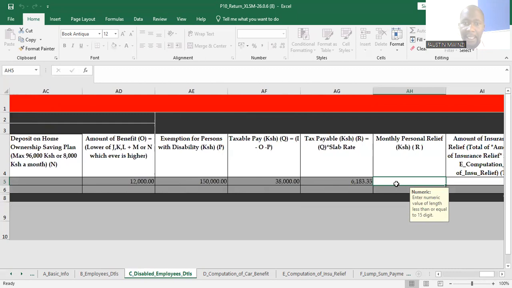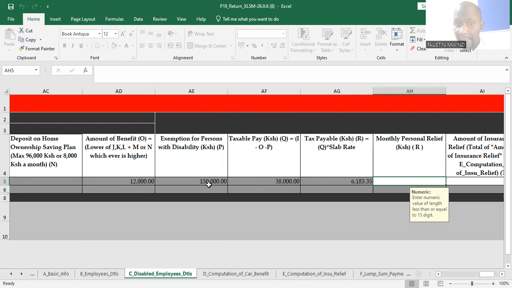sake. Now, exemption for persons with disability. It is 150,000. If you're a person with disability, you are exempted up to 100% for the first 150,000. This guy with disability will be taxed on 50,000. Why?